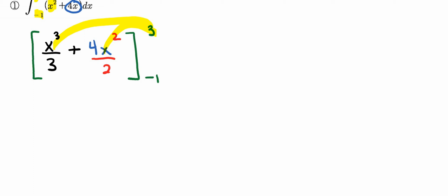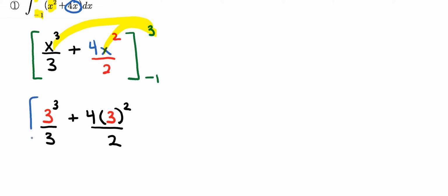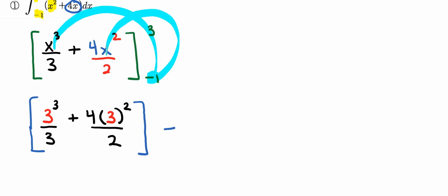So let's do that. That's going to be 3 to the power of 3 divided by 3 plus 4 times 3 to the power of 2 divided by 2. So that's the first upper bound. Let's put that in a bracket, and then we're going to subtract the lower bound. So now I take -1 and plug that in for all the x values.